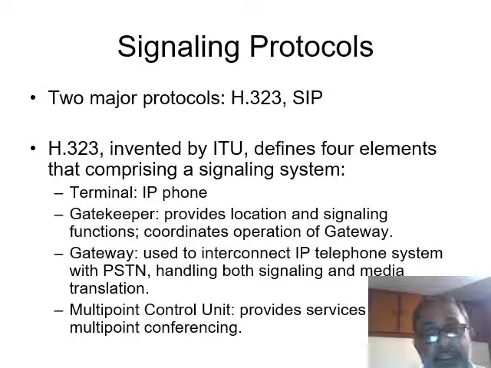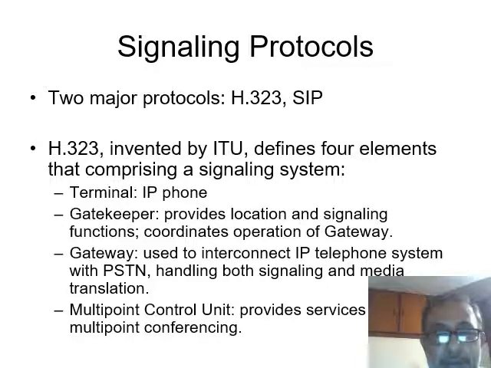If we see the signaling protocols, we have two major protocols, H.323 and SIP. H.323 was invented by ITU, as already discussed. It defines four elements that comprise a signaling system.